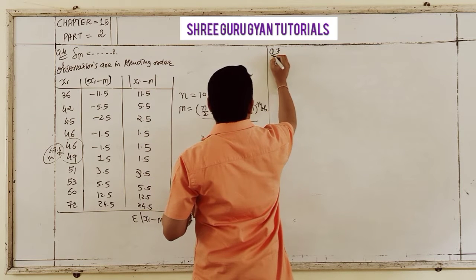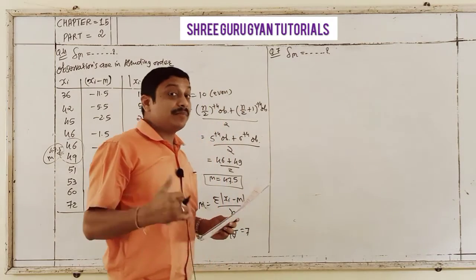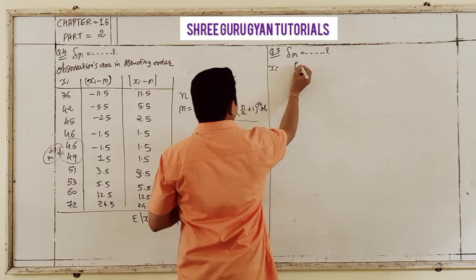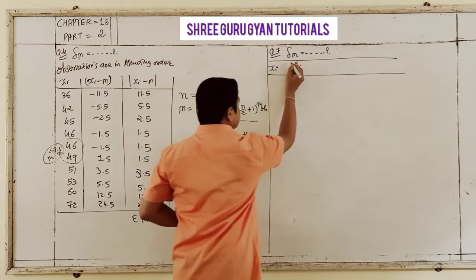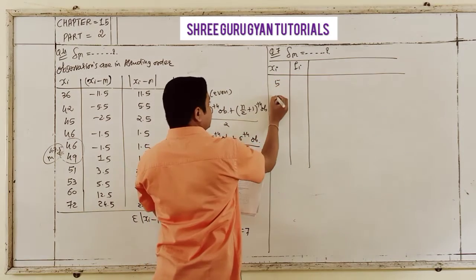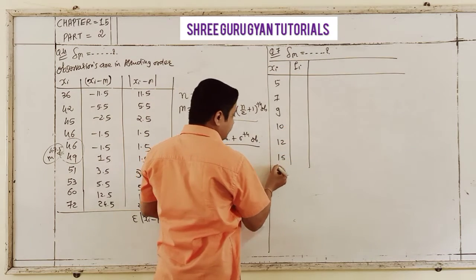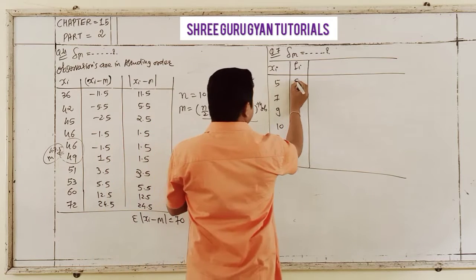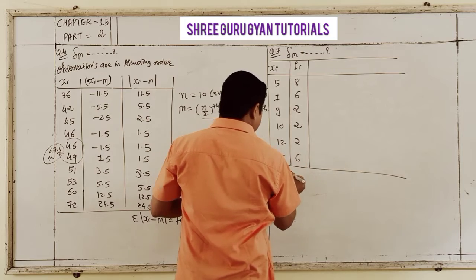Question 7. Find the del m, meaning mean deviation about the median, and that is xi fi. Just follow these steps with xi and fi. Xi I have 5, 7, 9, 12, 15, and fi is 8, 6, 2, 2, 2, 6, and add them.